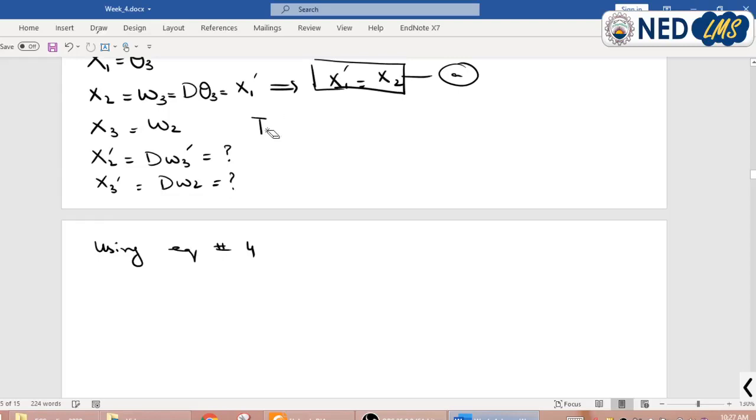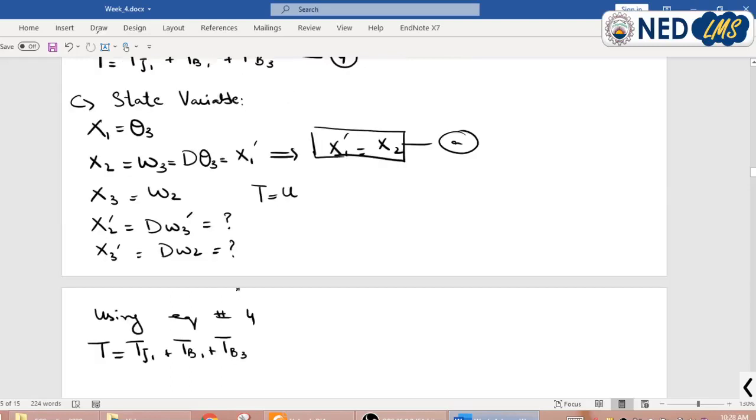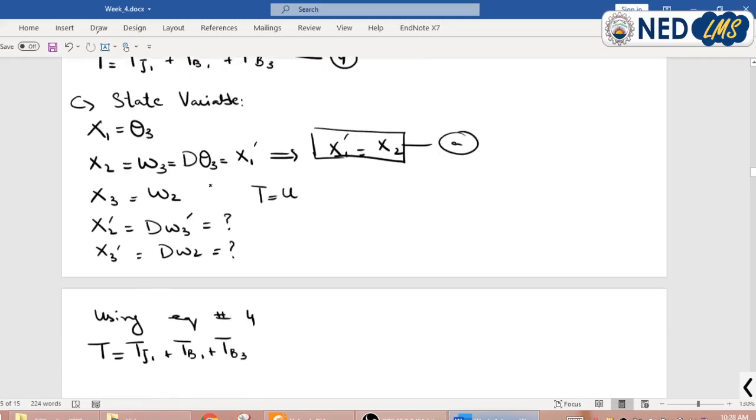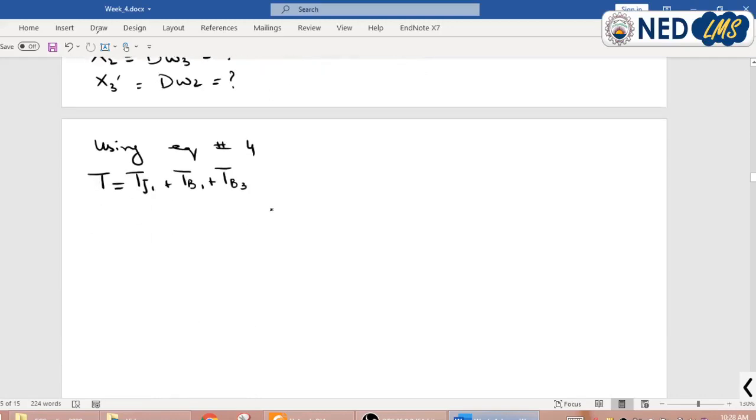Here we have input, which is usually represented by u in the state variables. So using equation 4, T is equal to torque due to J1 plus torque due to B1 plus torque due to B3. This is my equation 4.